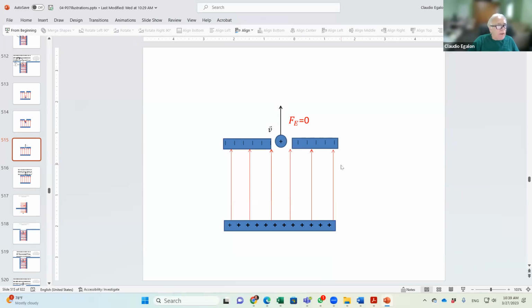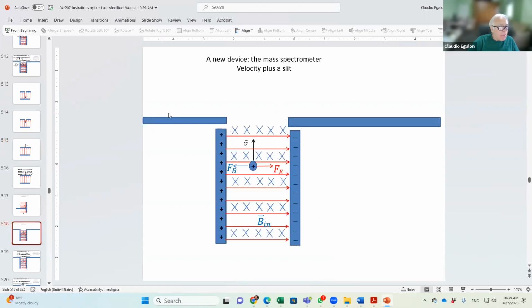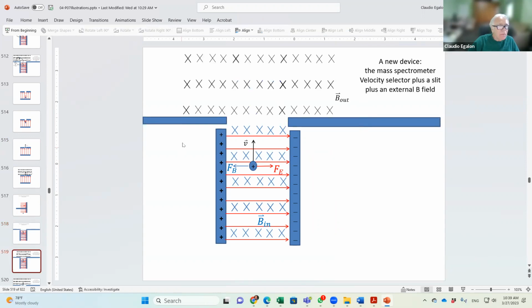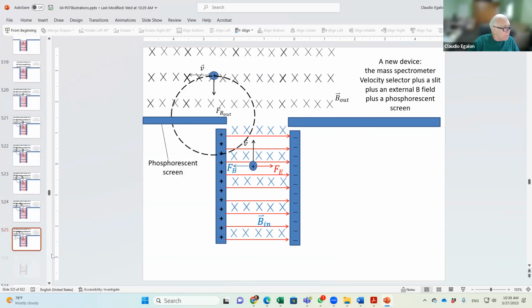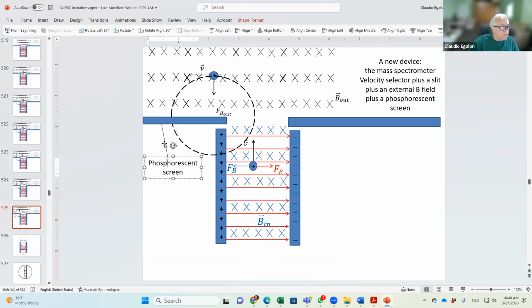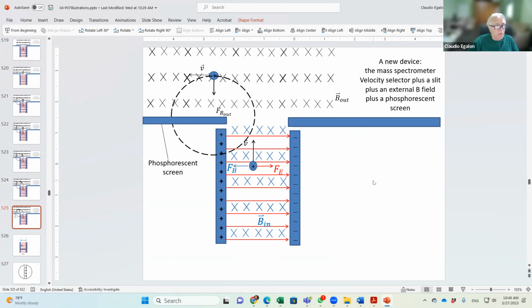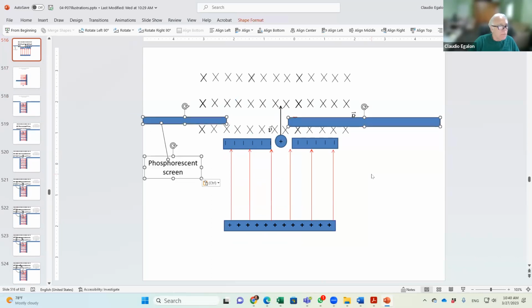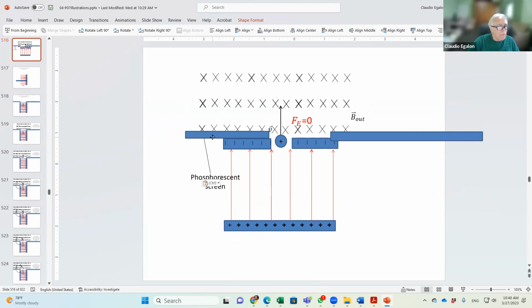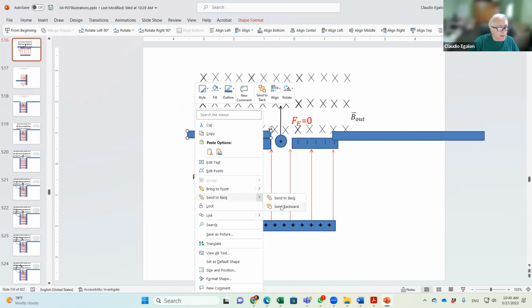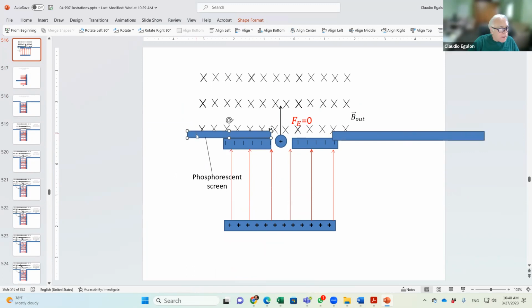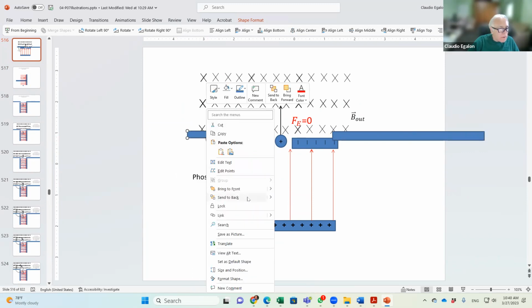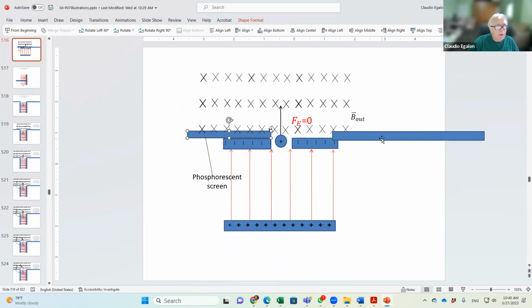And let's not forget our phosphorescent screen that we had before. Send to the back.